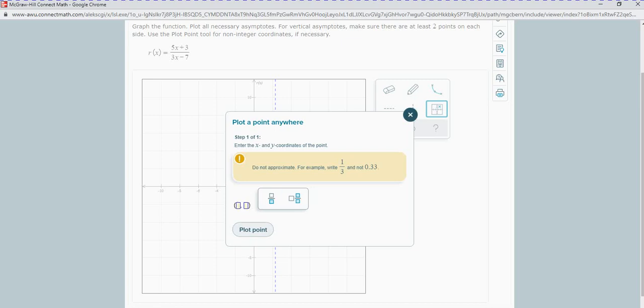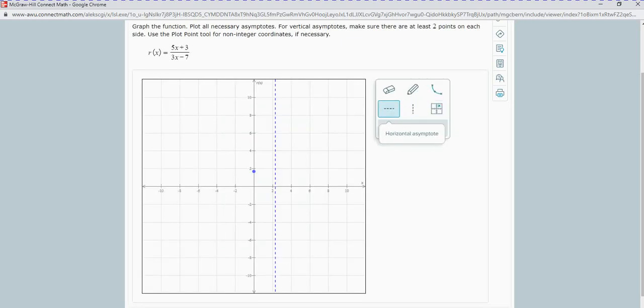So I'm going to plot that point, and then I'm going to use my horizontal asymptote tool, snap to that location, and then I have my horizontal asymptote graphed. And those look essentially like what we graphed when we graphed by hand, and also what was on the graphing calculator. Okay, now I need to add in my ordered pairs. Remember, 3 of the ordered pairs we found had fractional values associated with them. 1 of them had integer values.